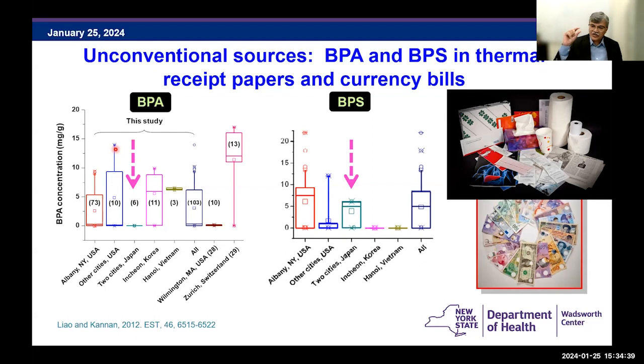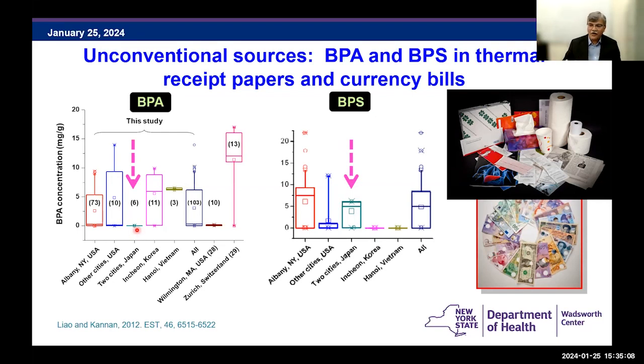So every time you touch the thermal receipt paper, when you go to grocery stores from the cashier, or when you go to banks, the tellers will give you the receipt. It's all coated with the BPA. You touch them, you get exposed to BPA. And again, we published a paper at the time measuring BPS. In Japan, you can see that the BPS levels are higher, and they didn't have BPA in receipt paper.